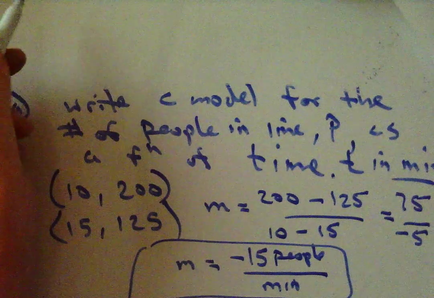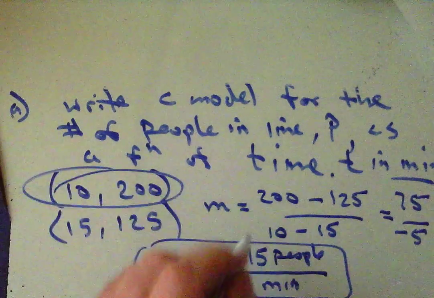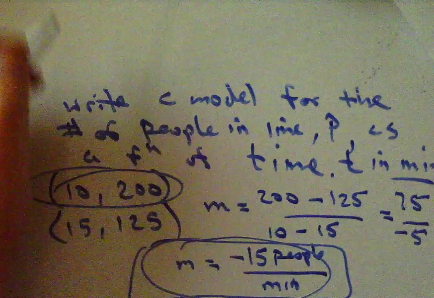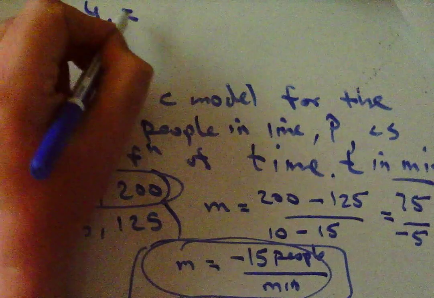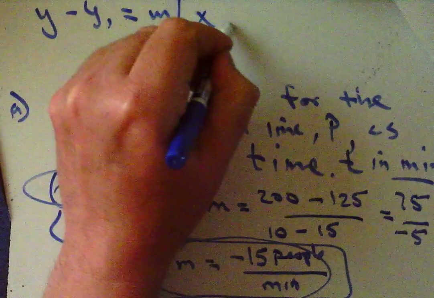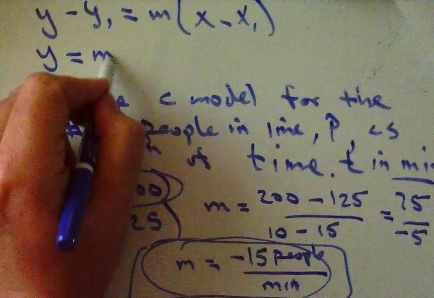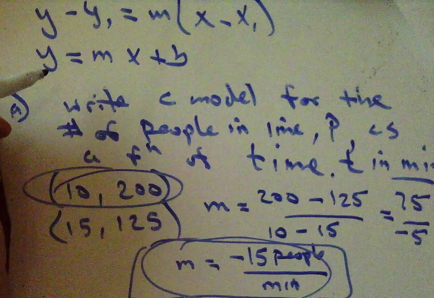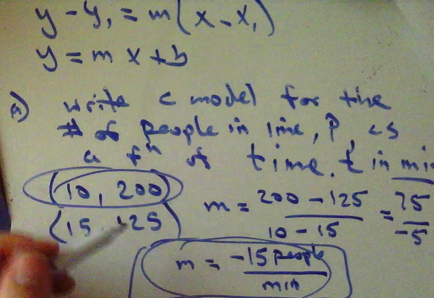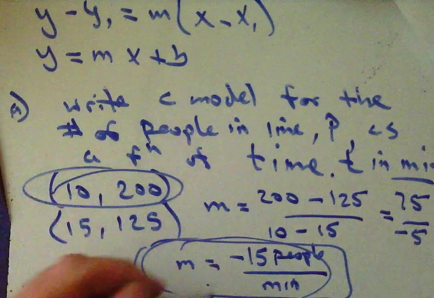I'm going to have to go back to writing the equation of a line where I know an ordered pair and a slope. So y minus y sub 1 equals m times x minus x sub 1, or y equals mx plus b. I'm going to use either of these to write the equation of the line, and I'm going to use the top one, point-slope, because I have a point and a slope.